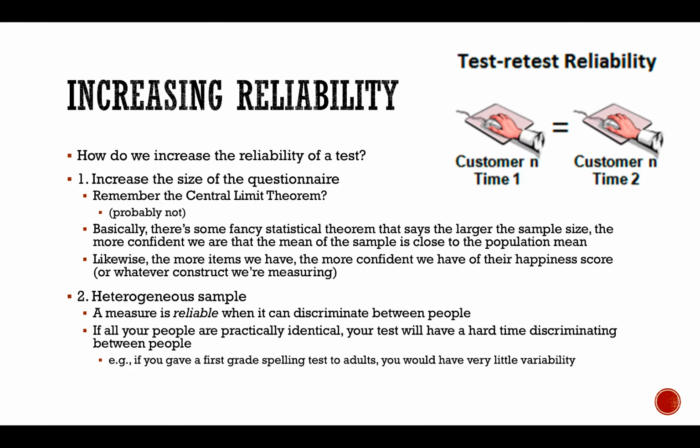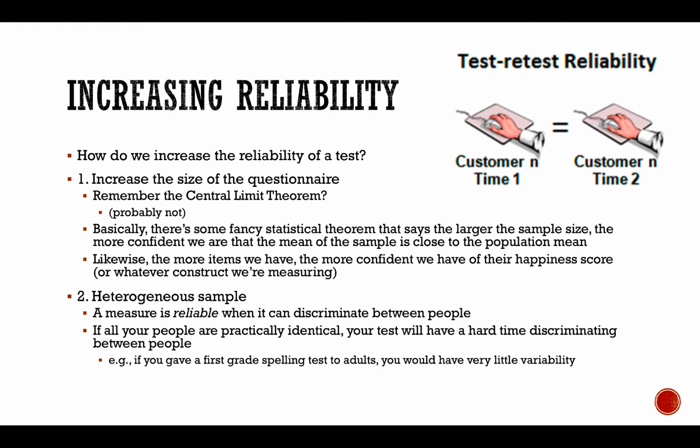Another way of increasing reliability is to have a heterogeneous sample. Now, this is kind of different because normally when you're trying to compute an effect size, you want a very homogeneous sample because heterogeneity kind of mucks things up. But in terms of reliability, you actually want a heterogeneous sample, because heterogeneity means you can discriminate between people.